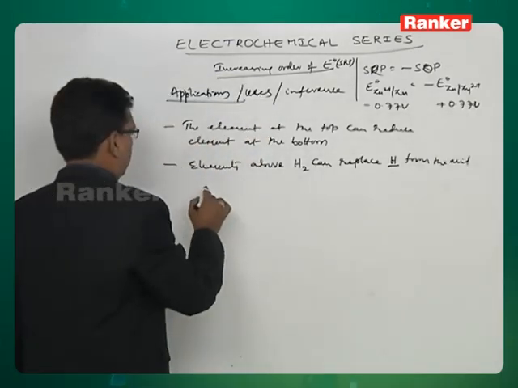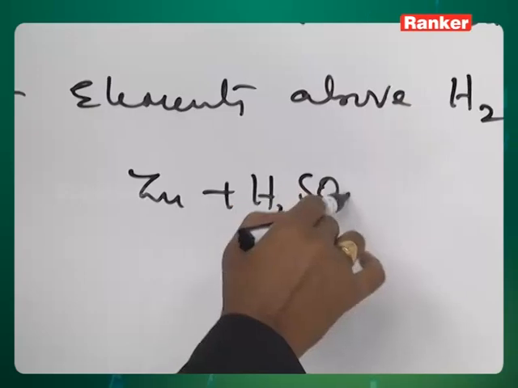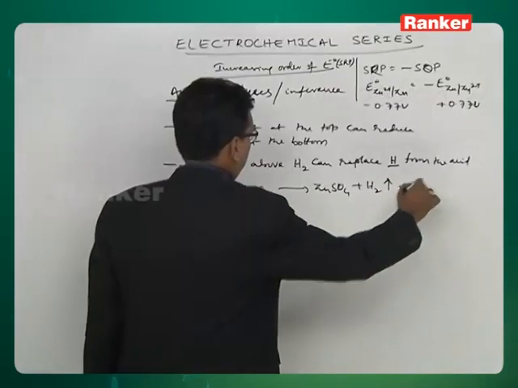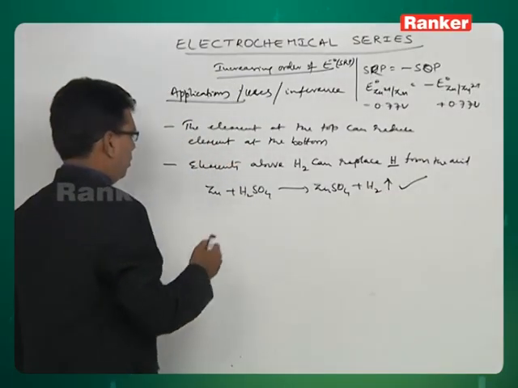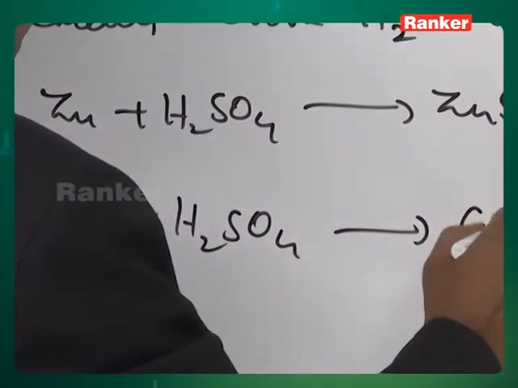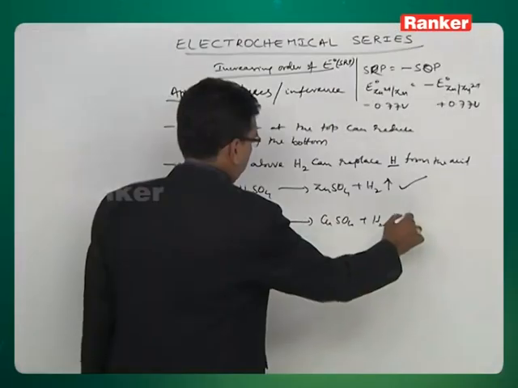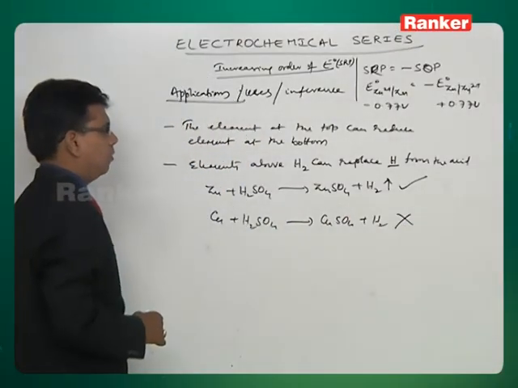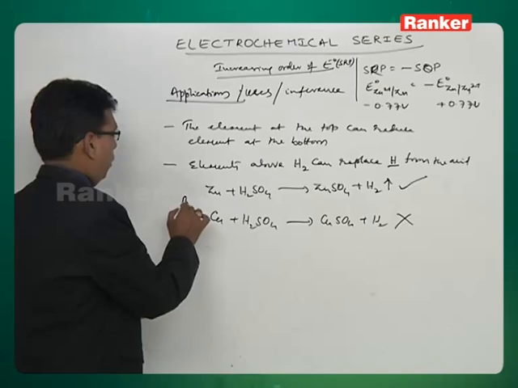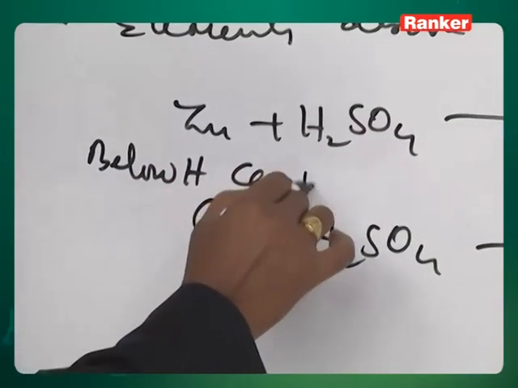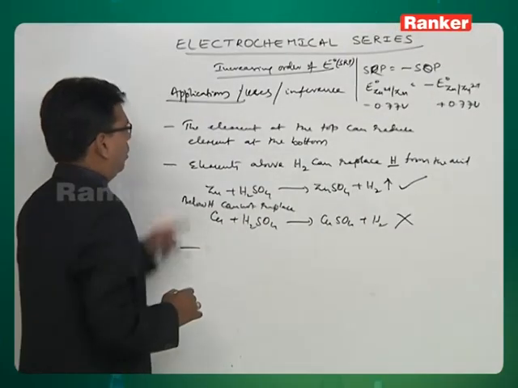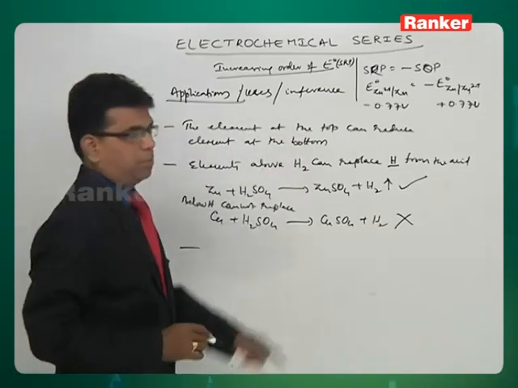For example, Zn plus H2SO4 gives ZnSO4 plus H2. This is possible, but Cu plus H2SO4 giving CuSO4 plus H2 is not possible. So, elements above hydrogen can replace hydrogen from the acid, but elements below hydrogen cannot.